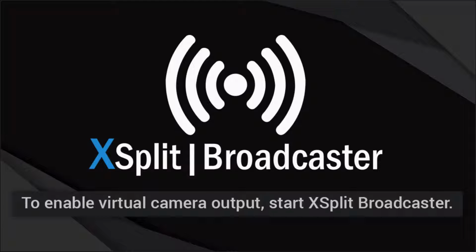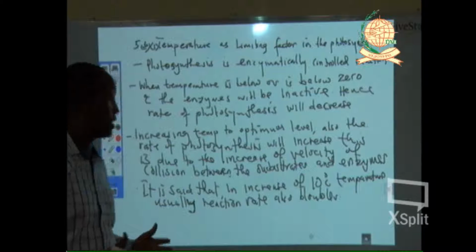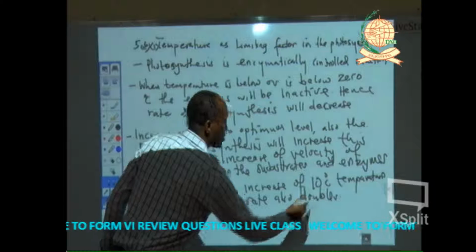It is said that on increasing the temperature by 10 degrees Celsius below the optimum temperature, the reaction rate also doubles. That is how the reaction rate usually doubles.